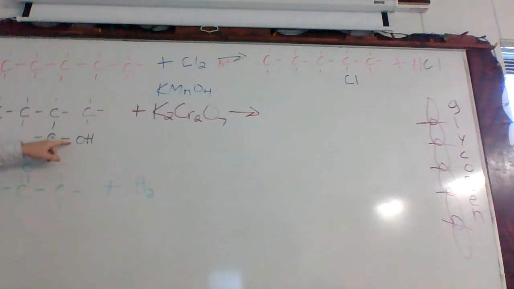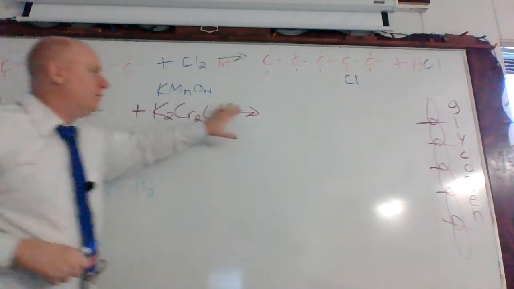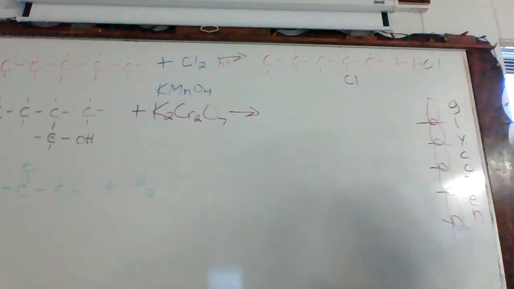How many do we have enough room? Is there going to be 1 stage or 2 stages for a primary alcohol? There's going to be 2. What is your end product then?